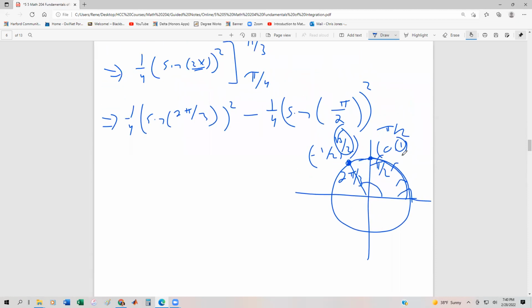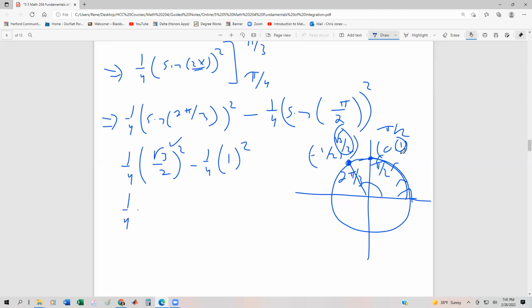So we're going to substitute. We know that sine of 2 pi thirds is going to be √3 over 2. And then over here, we have sine of pi halves, which is going to be 1. When we square this out, that just becomes 3/4.